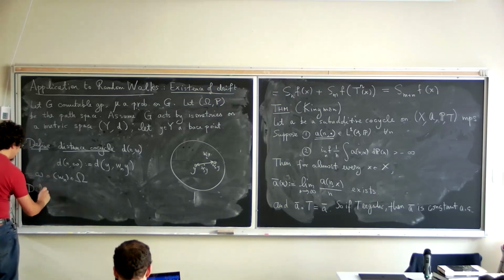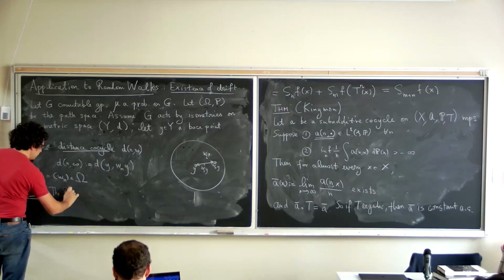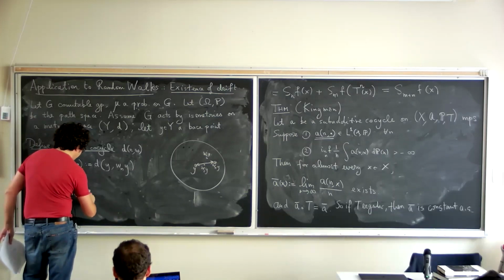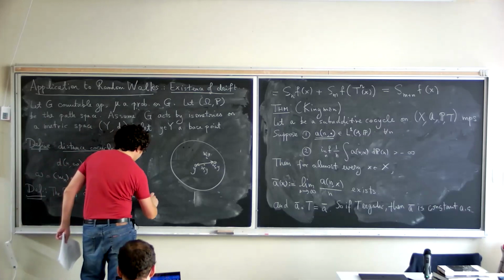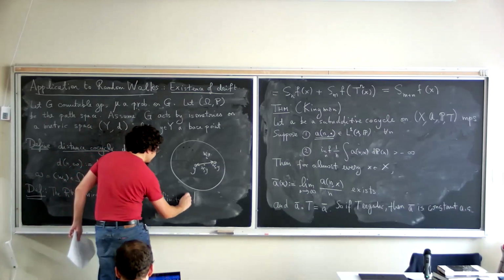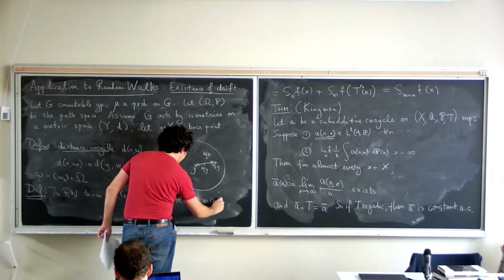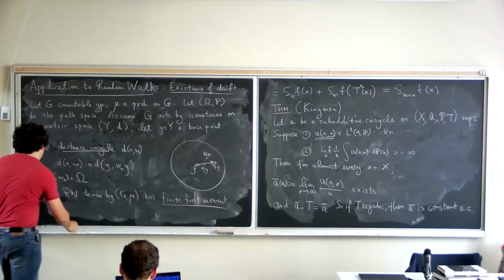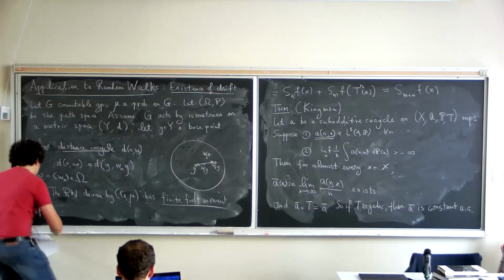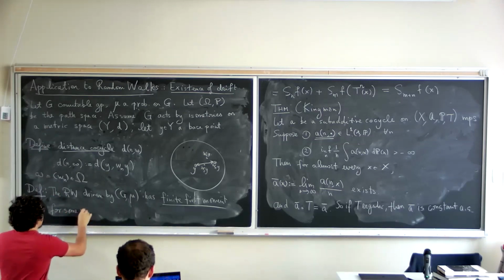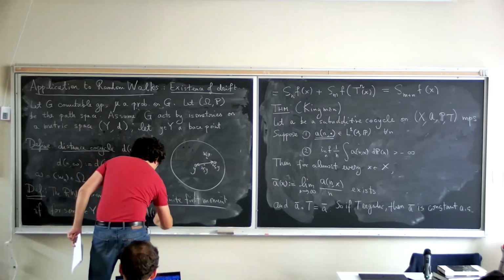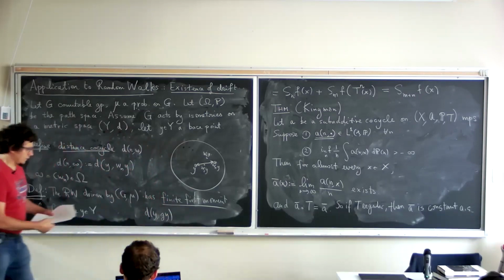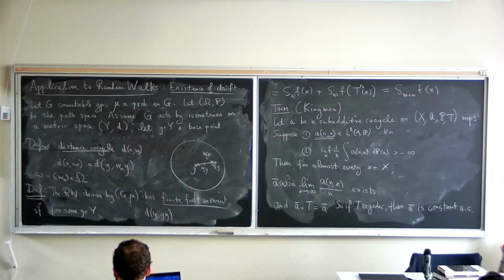We say the random walk driven by (G, mu) has finite first moment if for some y in Y, you take the distance between y and gy and integrate with respect to mu.